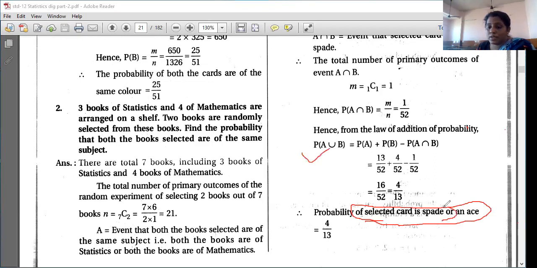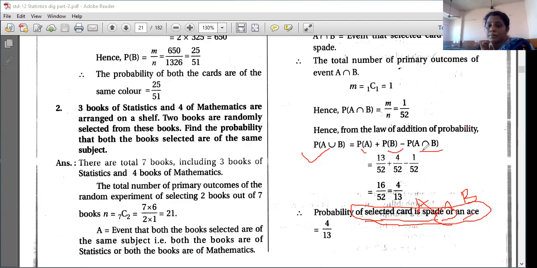Or means union, and means intersection. We have selected a spade card as A and an ace card as B. So P of A union B, the formula will be P of A plus P of B minus P of A intersection B. One by one you have to find P of A, P of B, and P of A intersection B. In such a way you can find the sum.